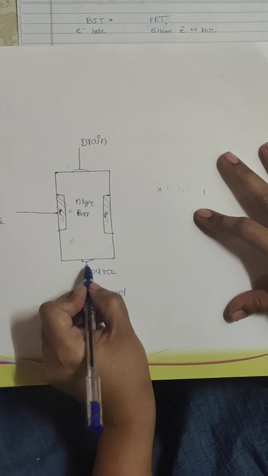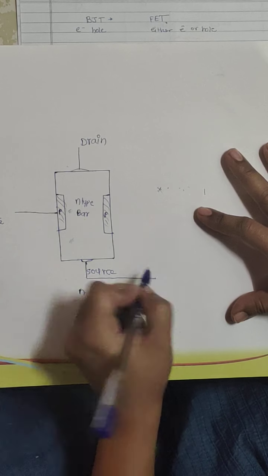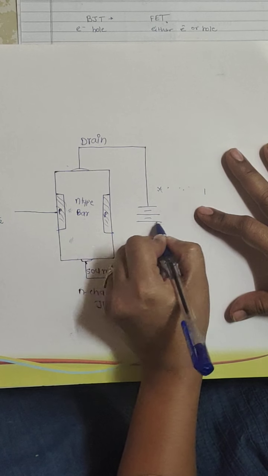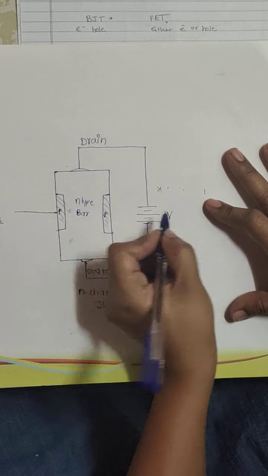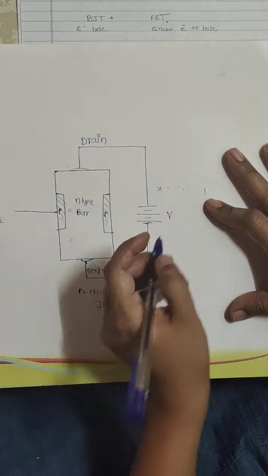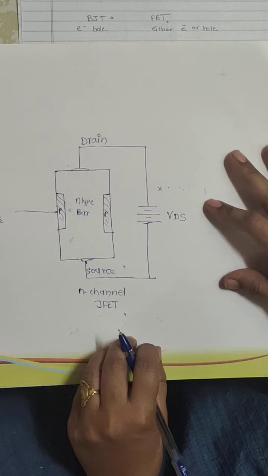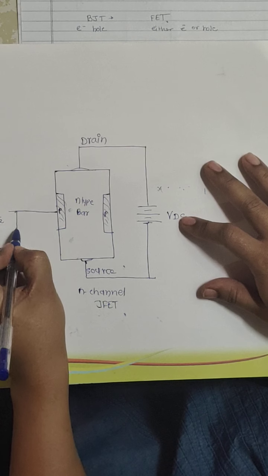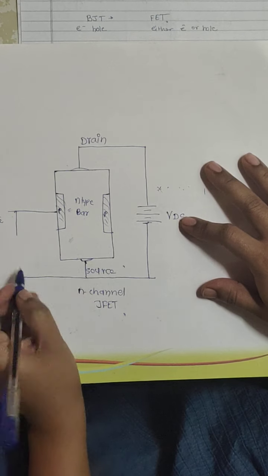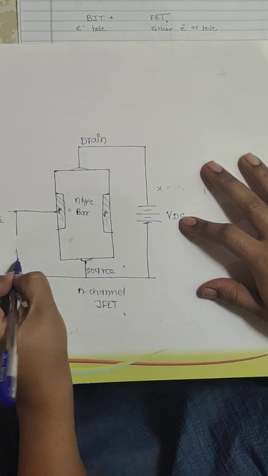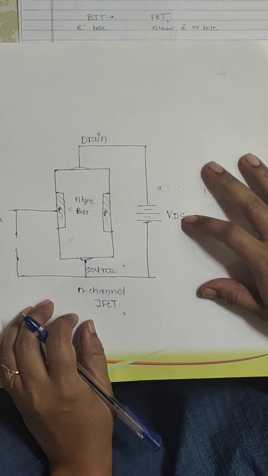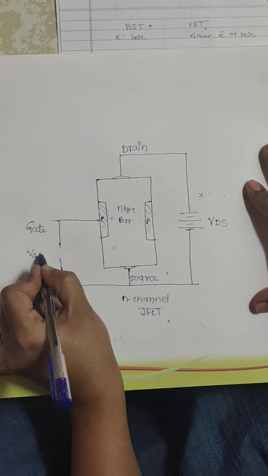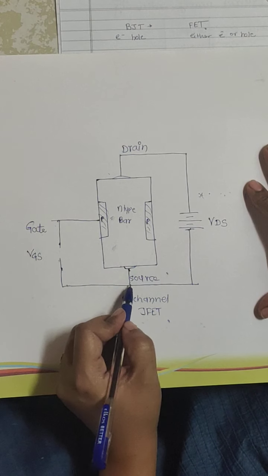For this working, we connect one battery in between the drain terminal and source terminal, and this voltage between drain terminal and source terminal is called VDS. Again, we will connect another battery between the gate terminal and source terminal.